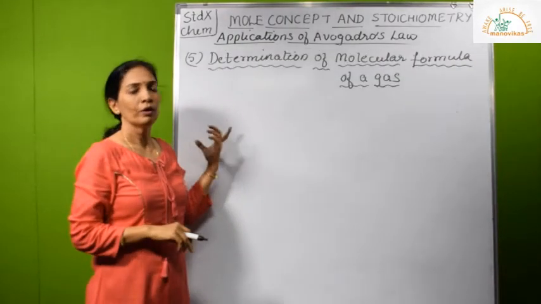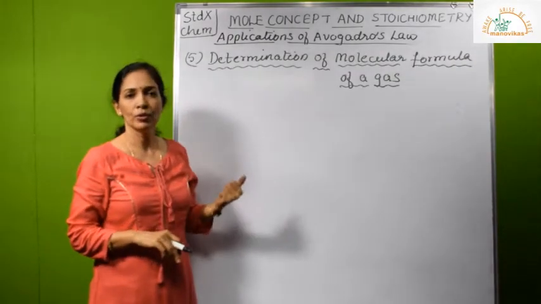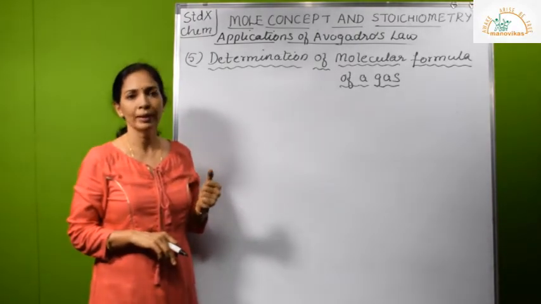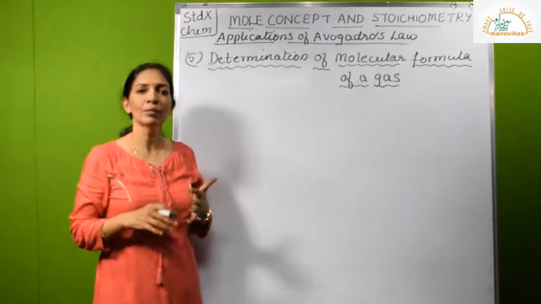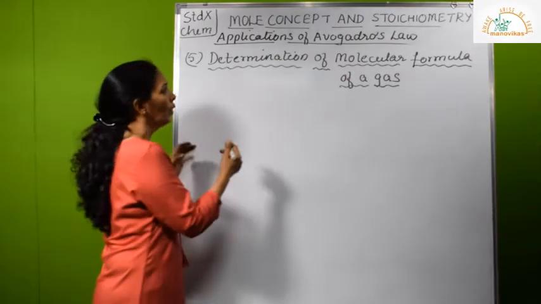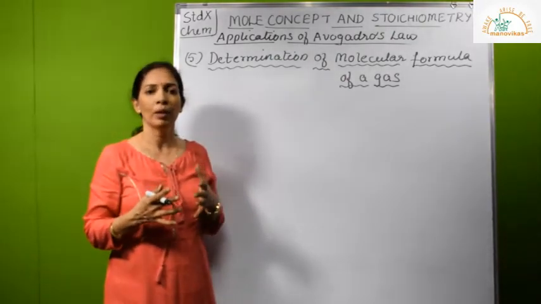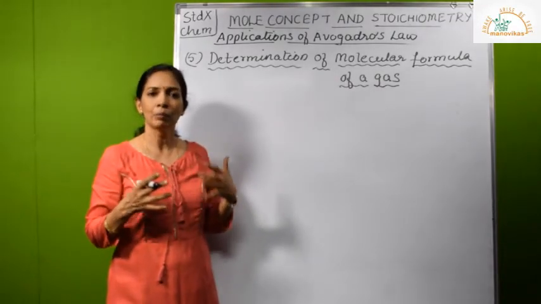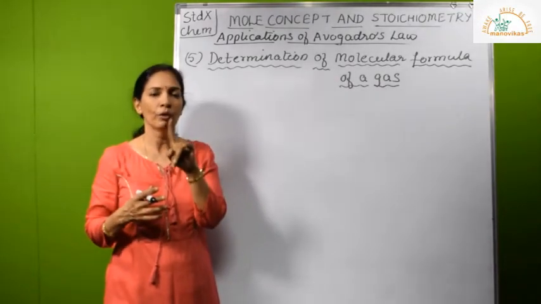The last or fifth application of Avogadro's law is determination of molecular formula of a gas. Now let us see what is molecular formula. Molecular formula is a chemical formula that tells number of different elements present in one molecule of the compound.